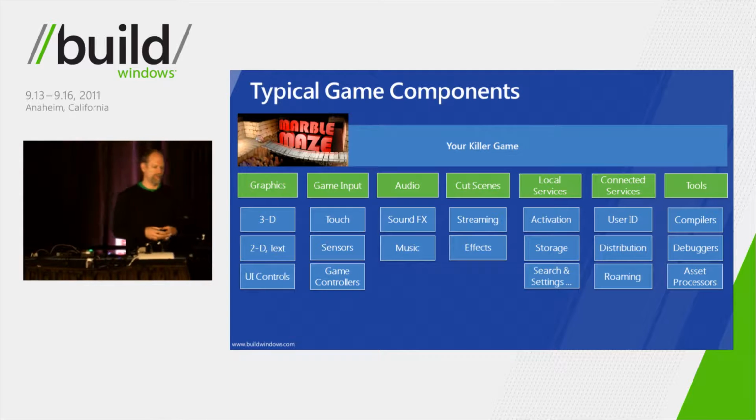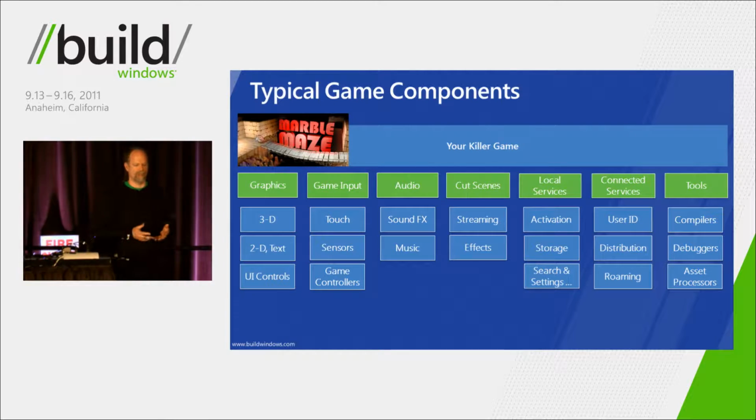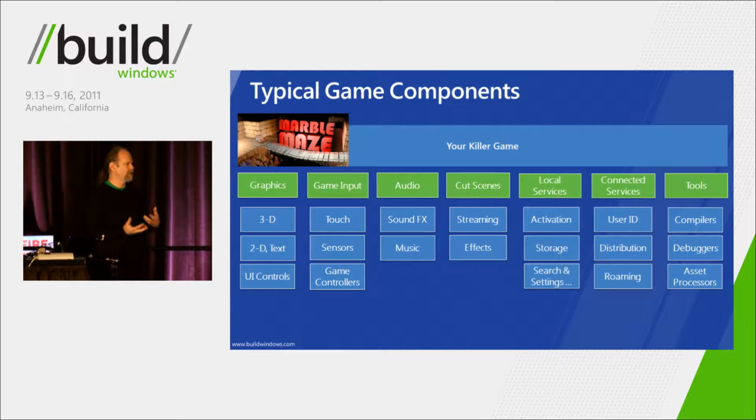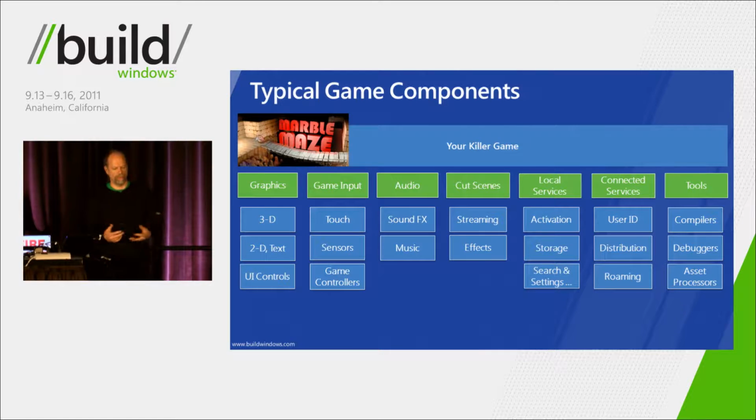Pretty much every game is going to need some graphics technology, and sometimes there's 3D graphics or 2D graphics in the same game. It's going to need, in some cases, UI controls that you can use to control options for the player, for example. Every game has to have input. If there's no input, it's just a movie.